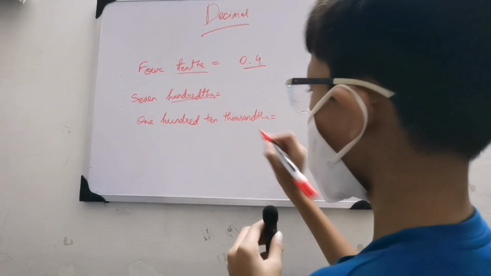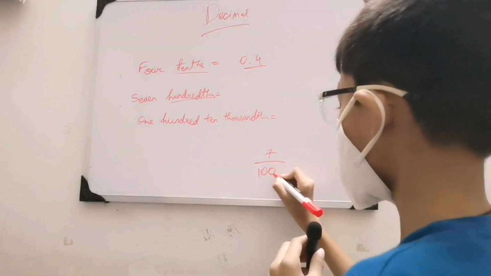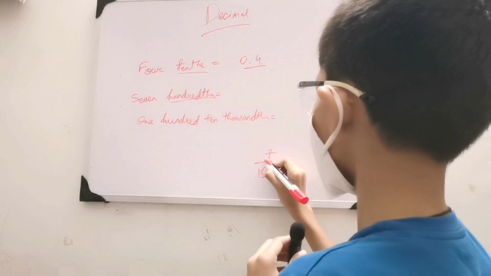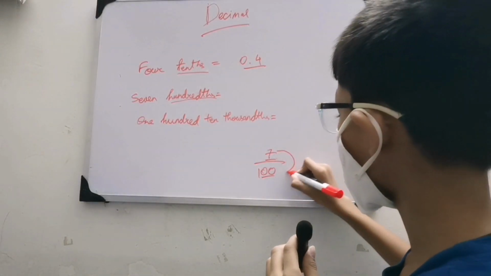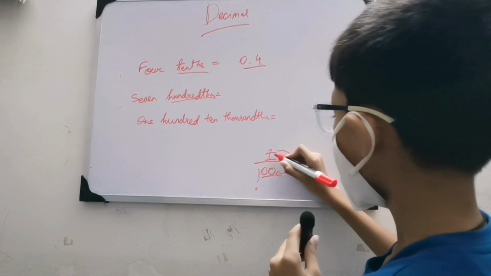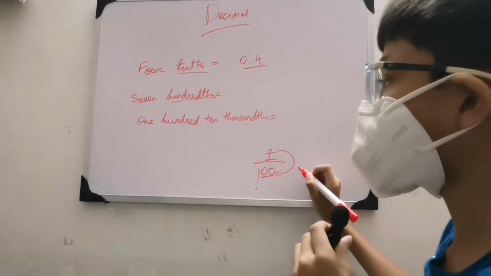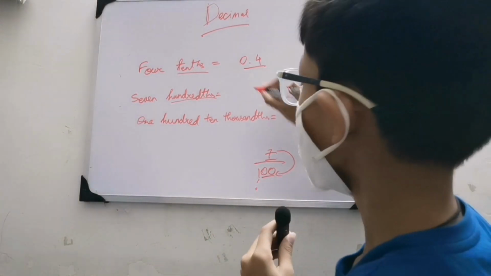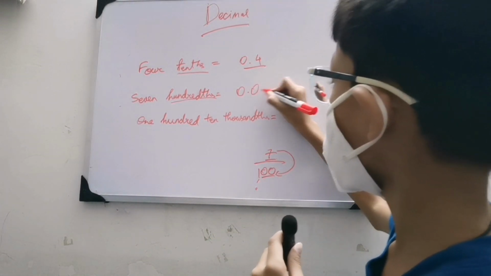Now 7 hundredths. If you write 7 hundredths in the fraction form, see, 7 by 100, there are two zeros, one digit. So this digit will occupy one place. The 1 is the decimal, the 7 will occupy one place, and the other 0 will be in front of the 7 after the decimal. So like this, 0.07.